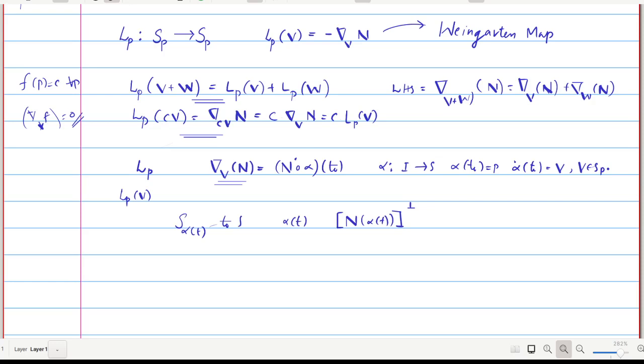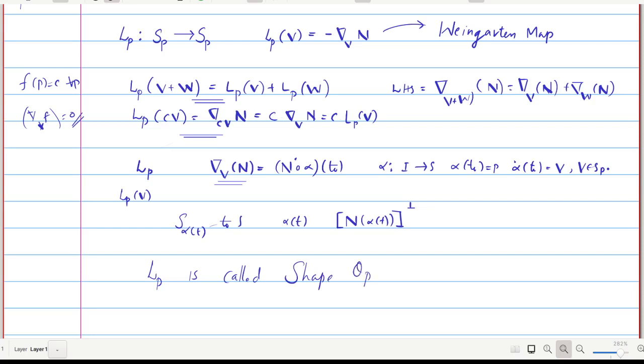In that sense, this L_P contains information about the shape of S. It collects the rate of change of the normal vector field, and using that we can get a measure of the rate of change of the tangent space. For this reason, L_P is sometimes called the shape operator. So this L_P is called the shape operator, which is very important.